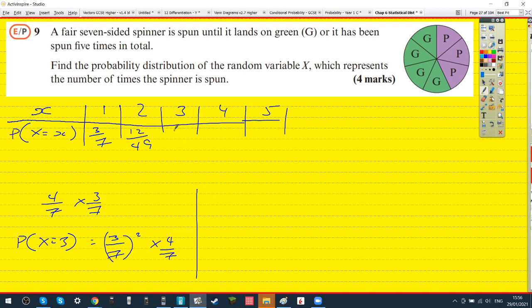Which is 36/343. Oh, sorry, and then I'm doing 3/7 cubed times 4/7.